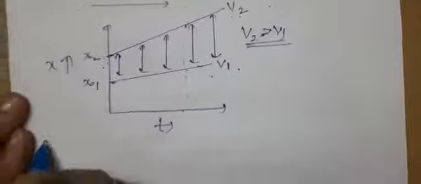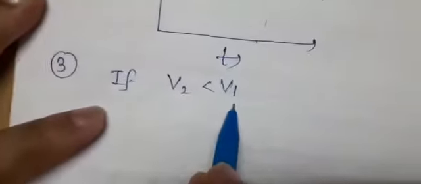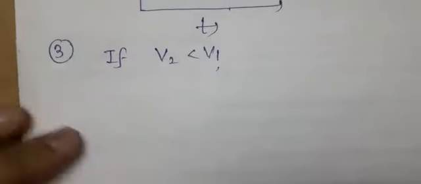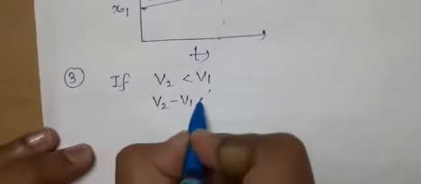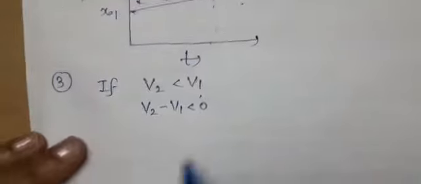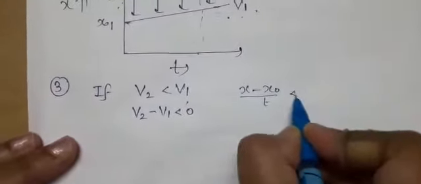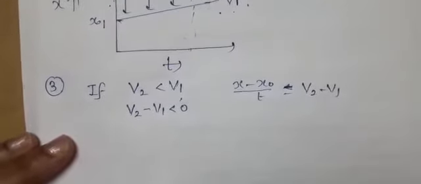Now the third case: if v2 is less than v1, automatically it means v1 is greater than v2. So from this condition v2 minus v1 will be less than 0. So apply it: (x minus x naught) upon t is equal to, first of all I will take the same result, v2 minus v1.